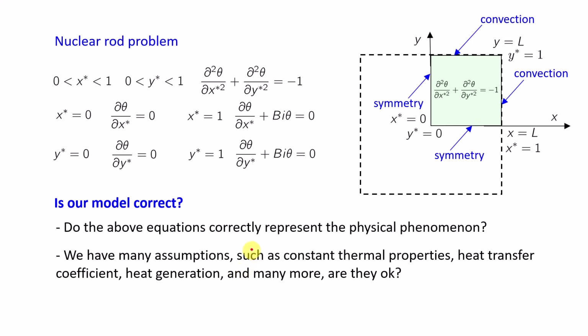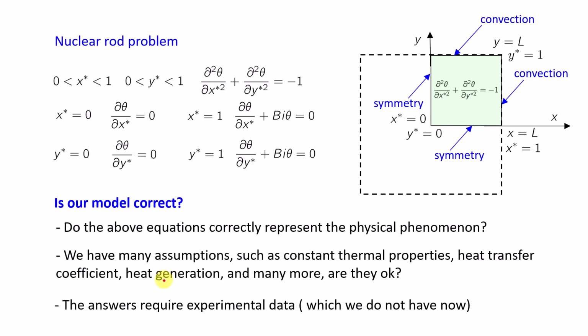We cannot really answer these questions at this point, because answering them requires actual data, experimental data from the actual phenomena. In this particular case, we do not have that. But for certain problems you may be solving, if you have data, then you have to try to match with that. Now this is only part of our question, that is, is our model correct?